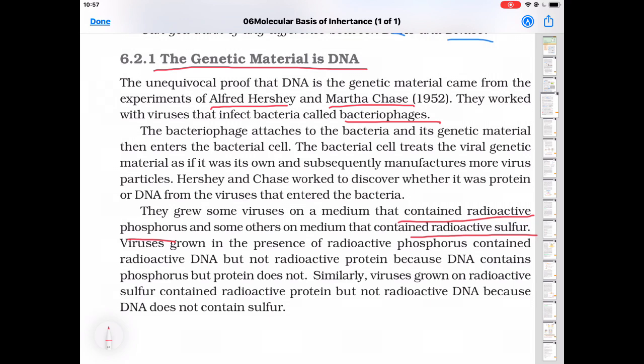Similarly, viruses grown on radioactive sulfur contained radioactive proteins, because DNA does not contain sulfur.